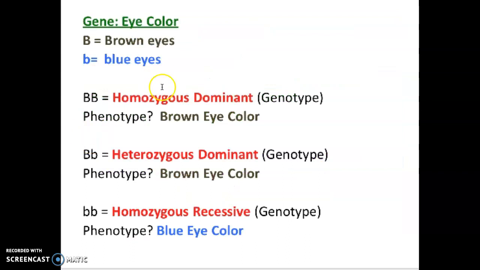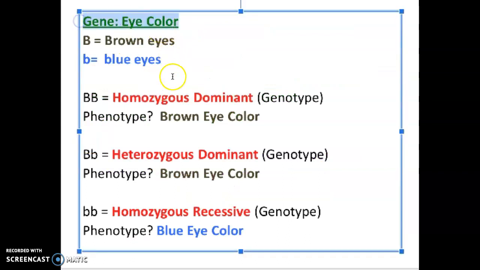So here's an example. Let's say we have a gene and it represents eye color. And then we have our alleles right here. The dominant one is brown. The recessive one is gonna be blue eyes. So if we have the genotype of capital B, capital B, then that means they're the same.